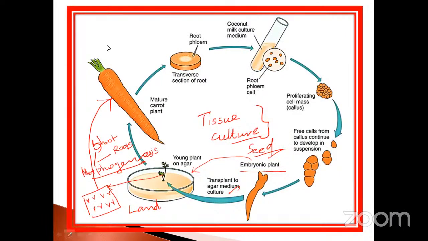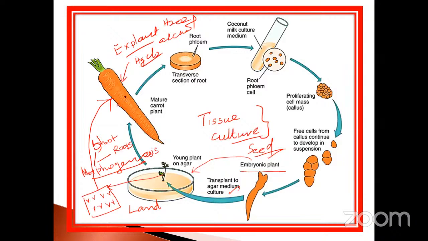Suppose it has some disease, it will also transfer to all the cultures. That's why you have to sterilize the explants with HgCl2, mercury chloride, alcohol, and hydrogen peroxide, H2O2. These are the chemicals used for the outer sterilization.